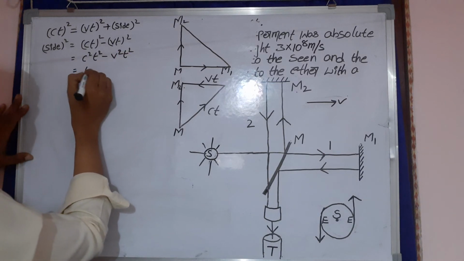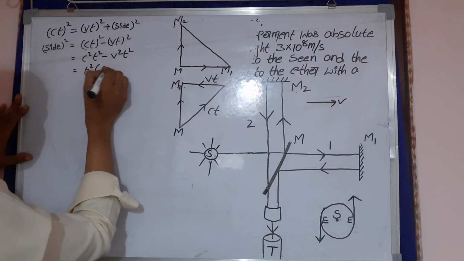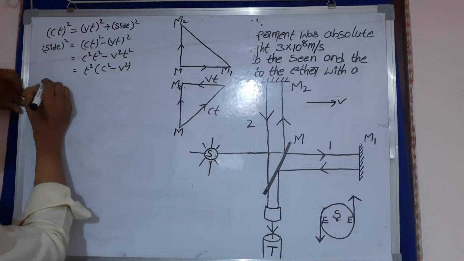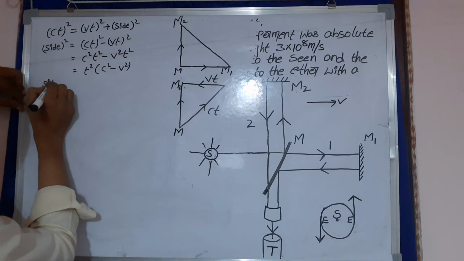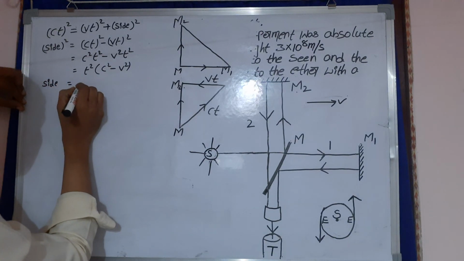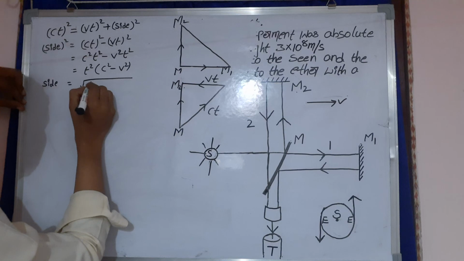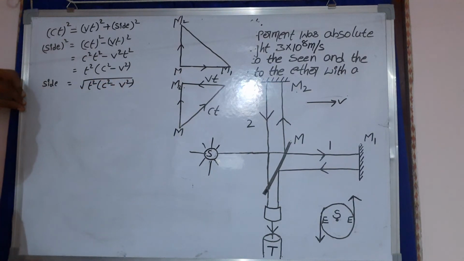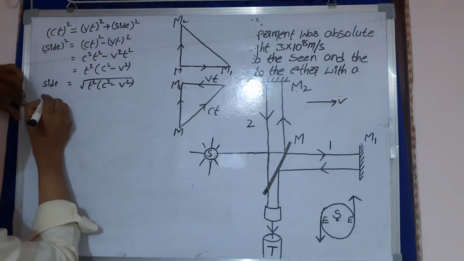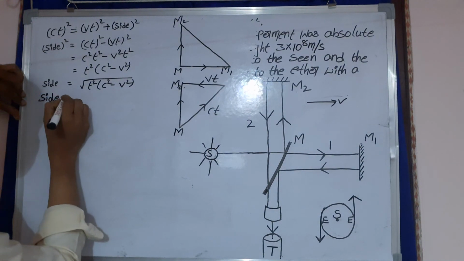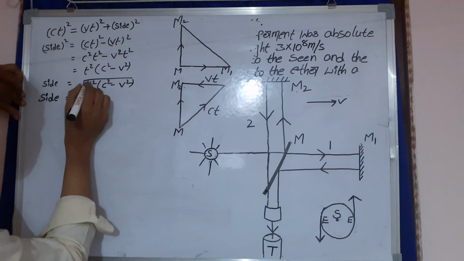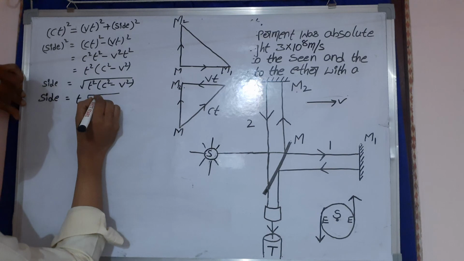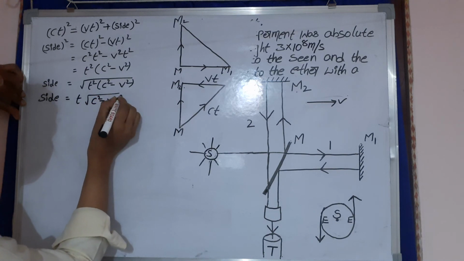The common term is t square, so c square minus v square. So the side equals root over t square into c square minus v square, which is t into root over c square minus v square.